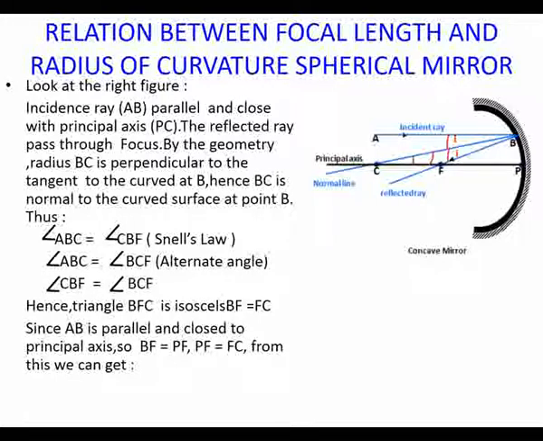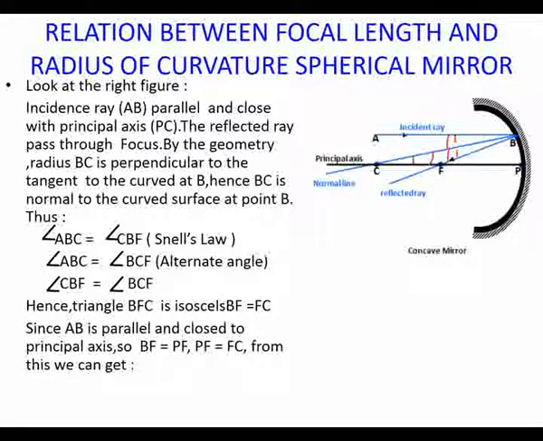At the right figure, incident ray AB is parallel and close to principal axis PC. The reflected ray passes through focus. By the geometry, radius BC is perpendicular to the tangent to the curve at P. Hence, BC is normal to the curved surface at point B.